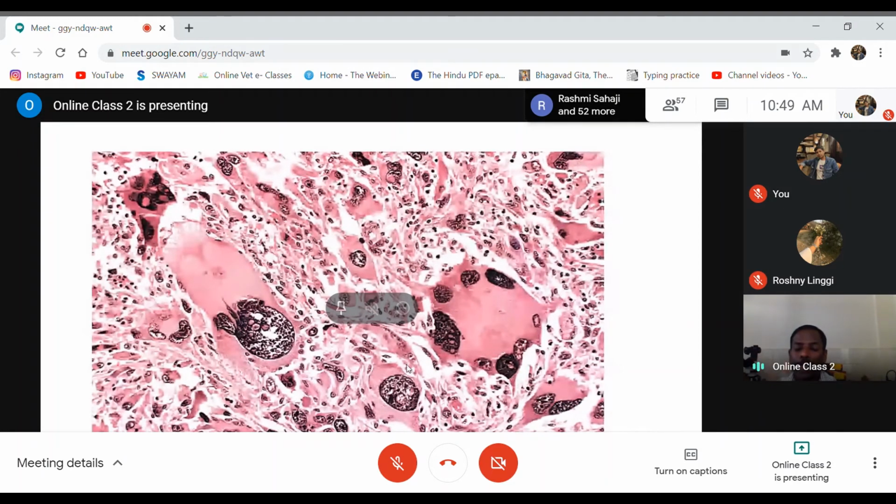So malignant tumors can be either well differentiated or poorly differentiated, depending upon the type of the cells showing malignancy or the degree of malignancy.